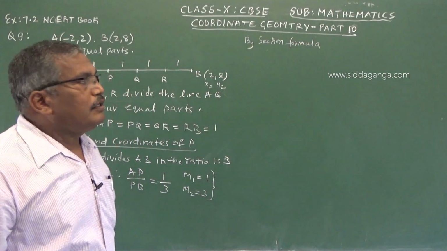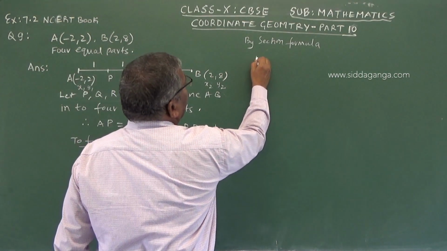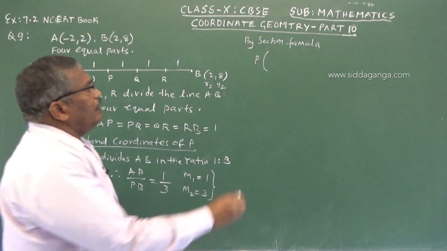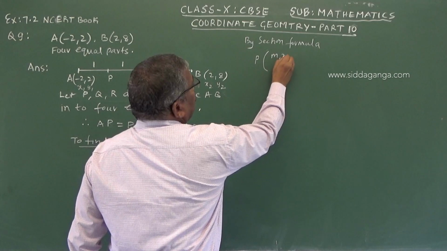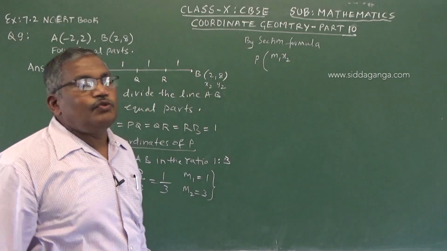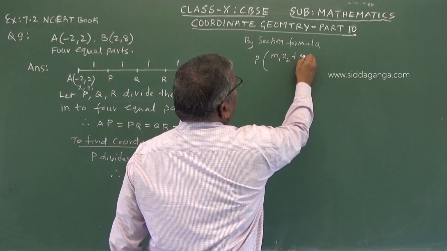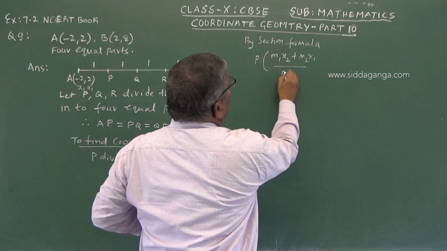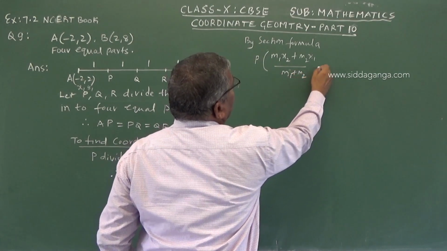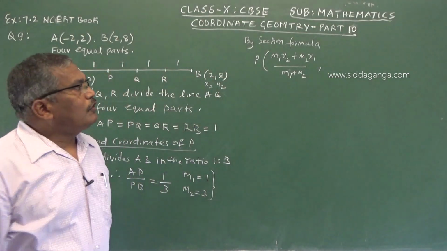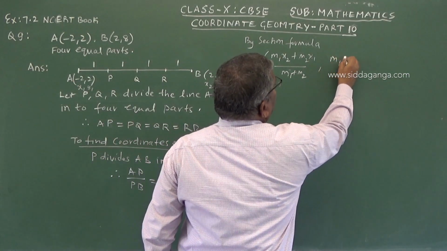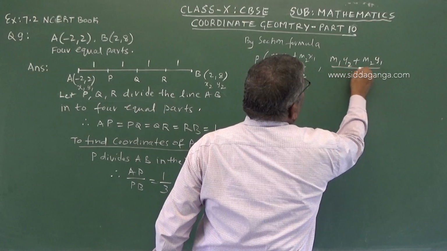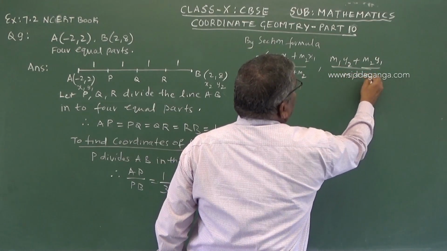By section formula, coordinates of P are given by (M1 x2 plus M2 x1) divided by (M1 plus M2), comma, (M1 y2 plus M2 y1) divided by (M1 plus M2).